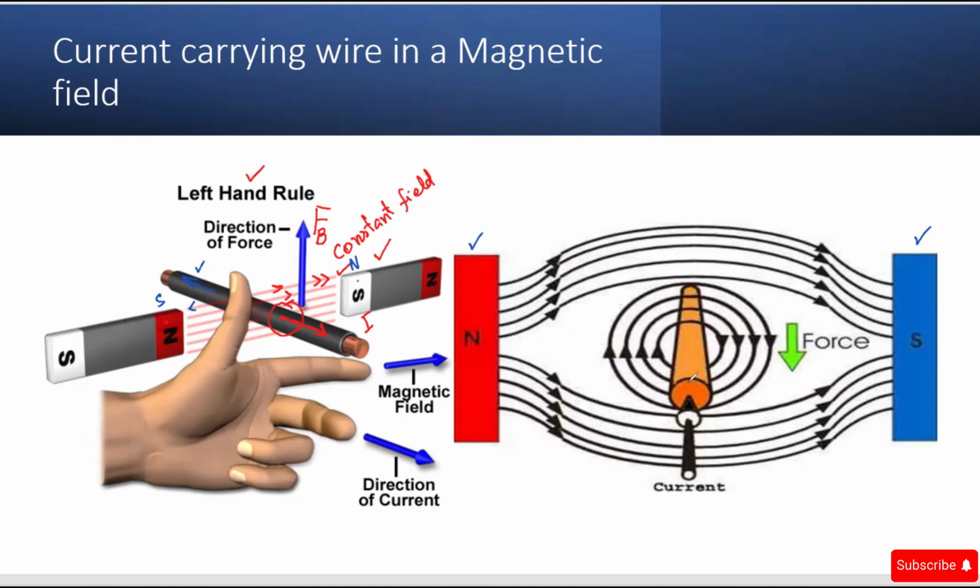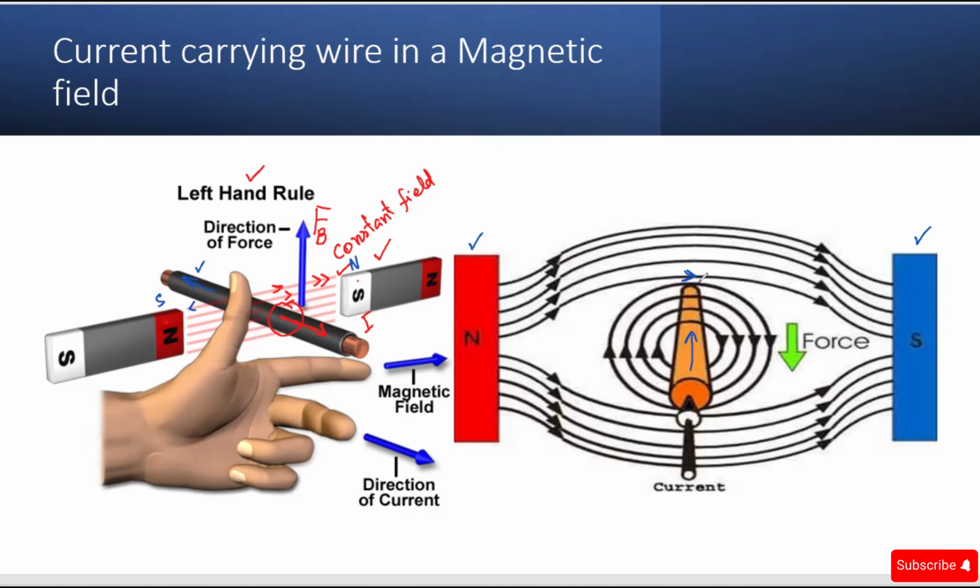Since it is going into the screen, we use the right hand to find the direction of the magnetic field around this wire, and that will be clockwise. The field because of the bar magnet is from left towards right.